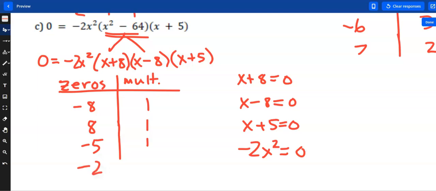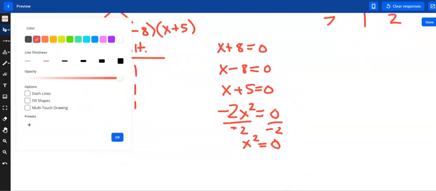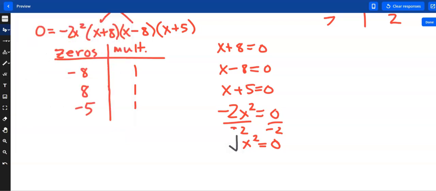That's not true. It doesn't say x plus 2. But you should be dividing by negative 2, which would give me x squared equals 0, right? 0 divided by anything is still 0. And then, of course, you're going to take the square root of both sides. So that says x equals 0.